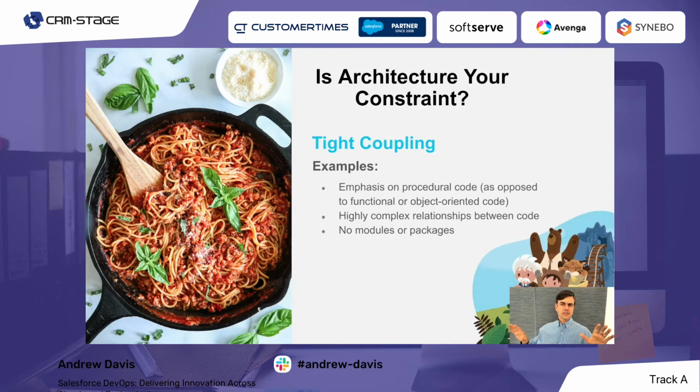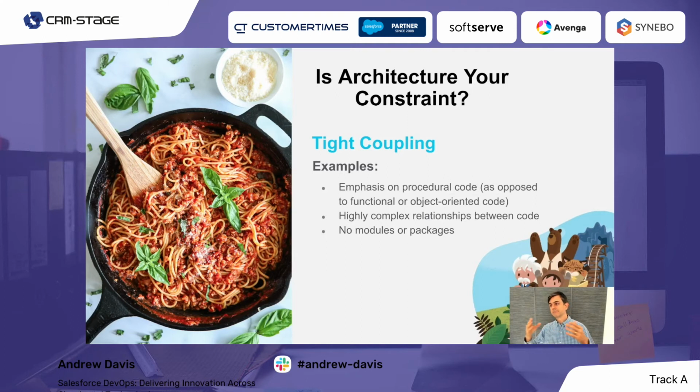There are a lot of aspects to architecture, but I want to talk about this one: tight coupling versus loose coupling. Tight coupling is the idea that you've got a lot of different components, but they're very tightly connected with each other. You get tight coupling at many different scales. On the level of one piece of code, you have what's called spaghetti code, where it's just endless lines, this references this, and it's not at all easy to understand.